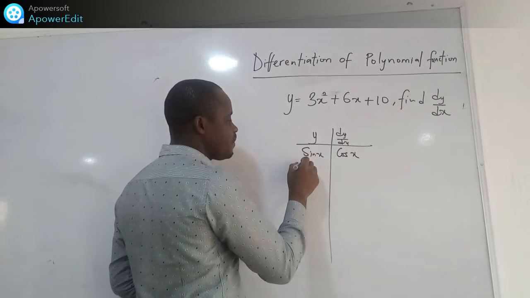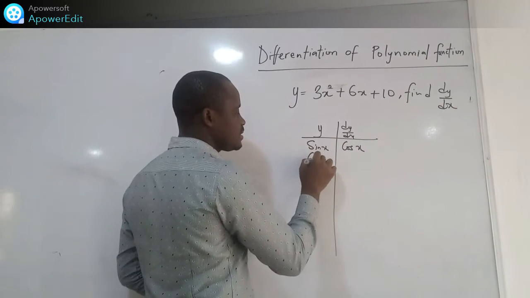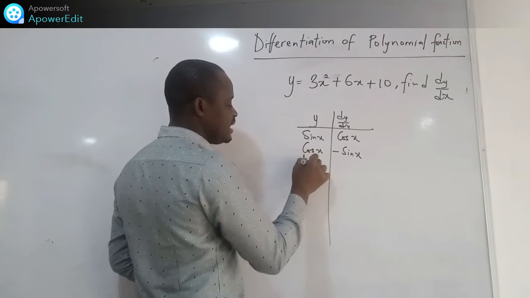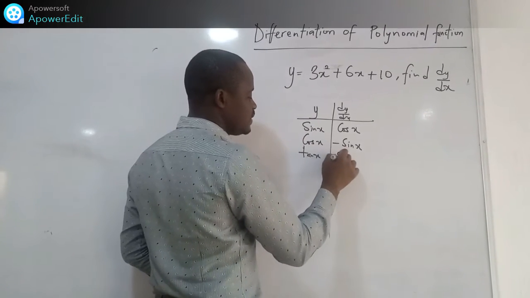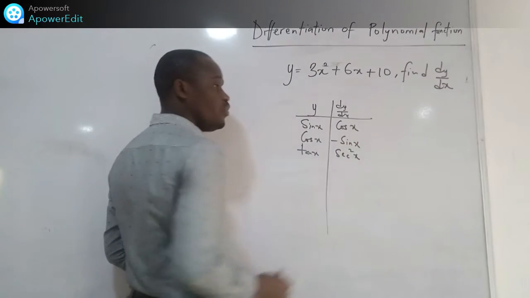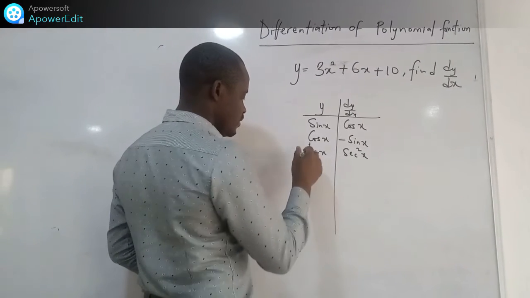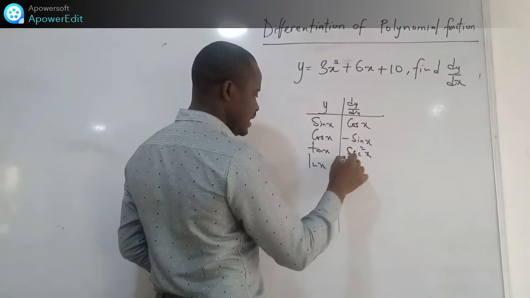When you have cos x, it is minus sin x. When you have tan x, it is what? sec squared x.